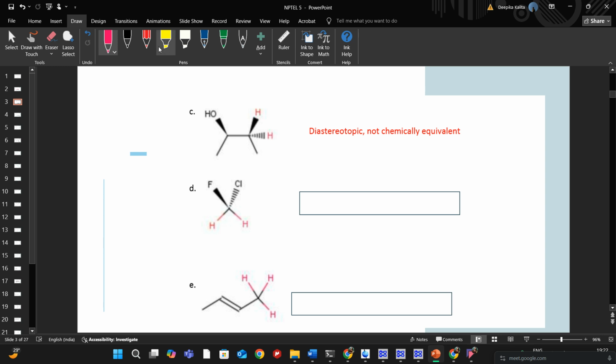Okay, and you can also figure it out by using the replacement process. If we replace this proton by deuterium, you can figure out the absolute configuration of this carbon atom, which is going to be a diastereomer to the structure which you will get by replacing the other proton by deuterium.